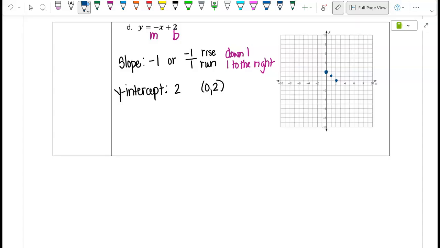And then again, I'm going to take my straight edge to connect those into one line, remembering to put my arrows at the end of the line.